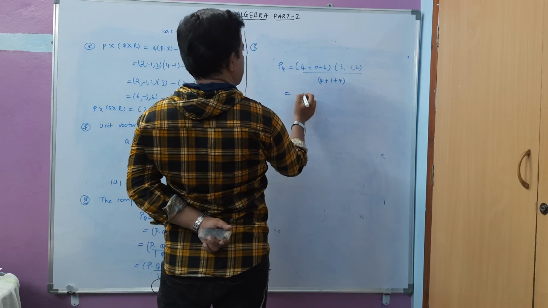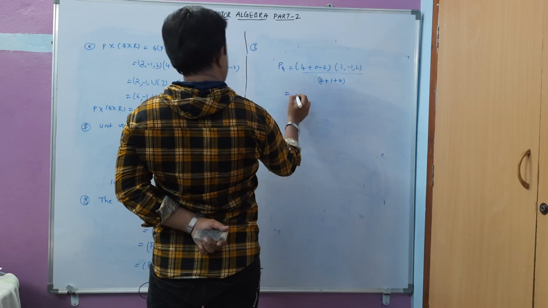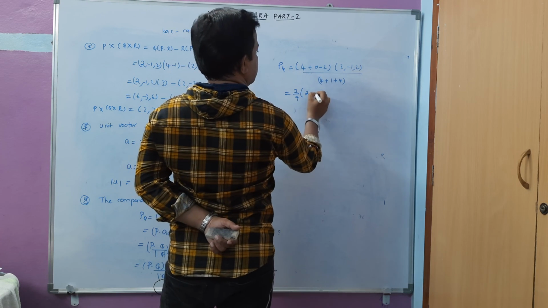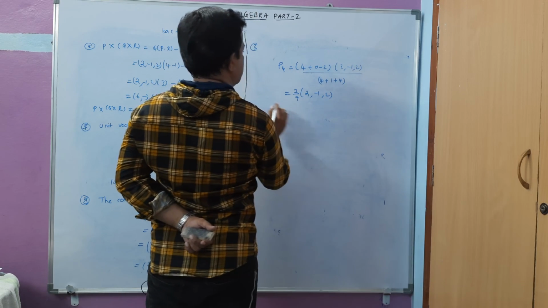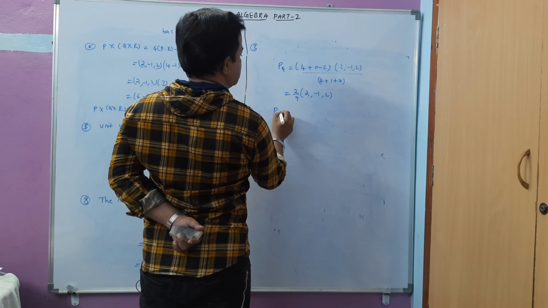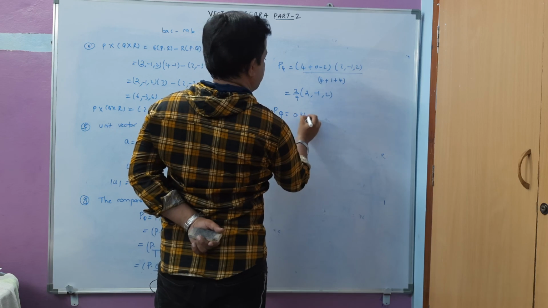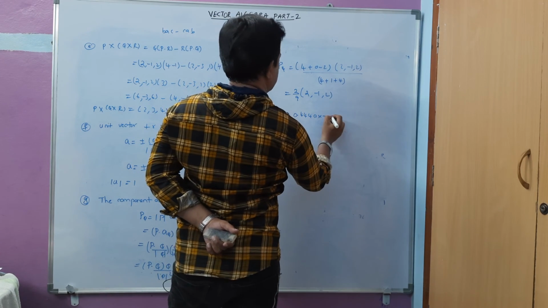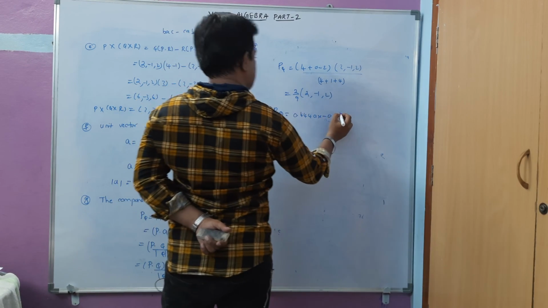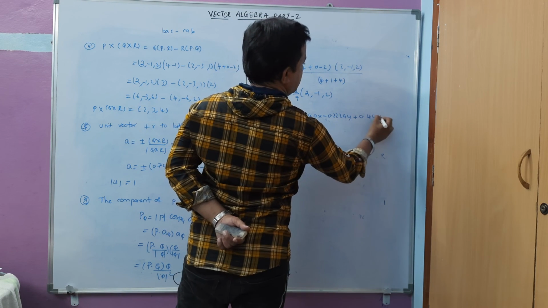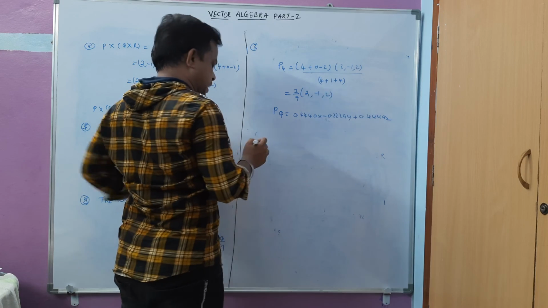So I will get 2 by 9 into 2 comma minus 1 comma 2, which will be giving me the projection of P along Q, that is 0.444 AX minus 0.222 AY plus 0.444 AZ. So this is the answer for this one.